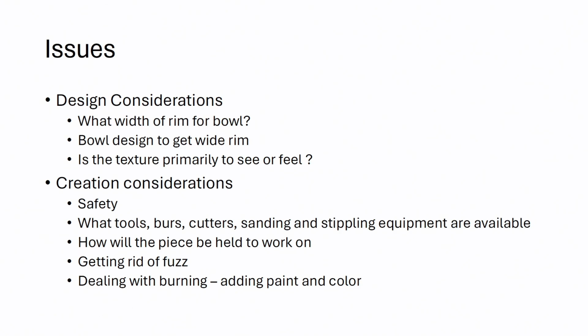You're not going to get a whole lot of value out of doing something like that on the outside of the bowl. So this is mainly on the rim. So how wide do you want your rim? You know, that was a pretty wide rim. One of the things about a rim, go back over to here.